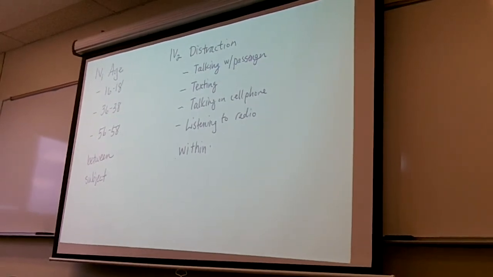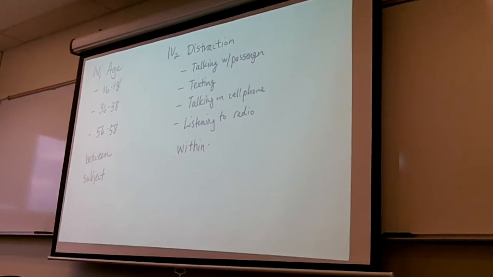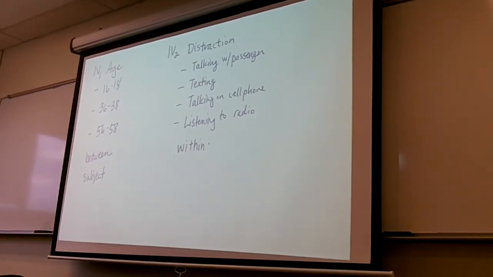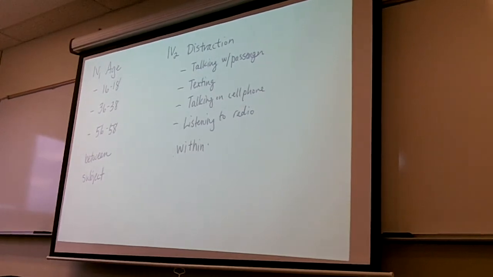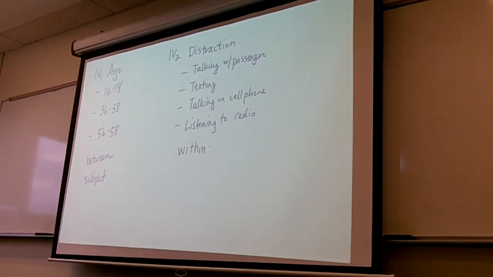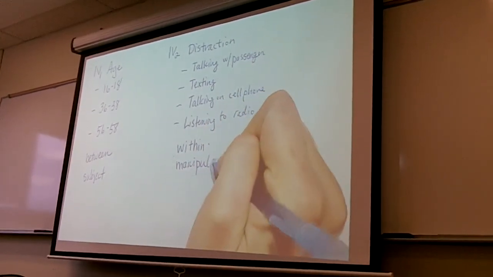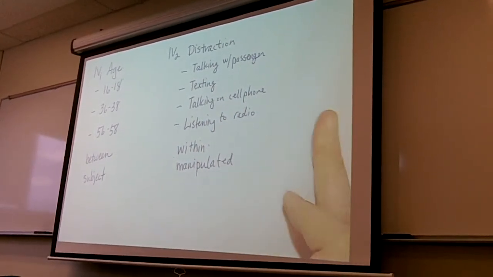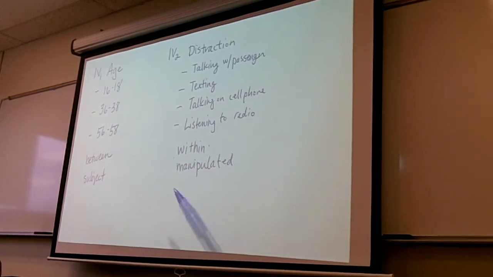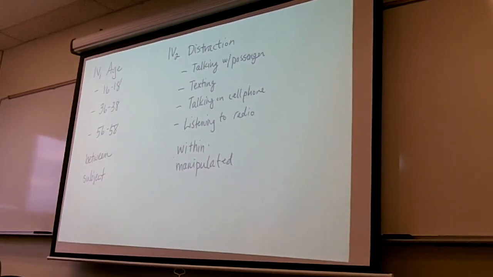Is this a subject variable or a manipulated variable? It's manipulated. It says it's a randomly ordered sequence, right? So if it can be randomly ordered, it must be manipulated. Okay, whew, this is complicated. We've got a between subject variable and a within subject manipulated variable.